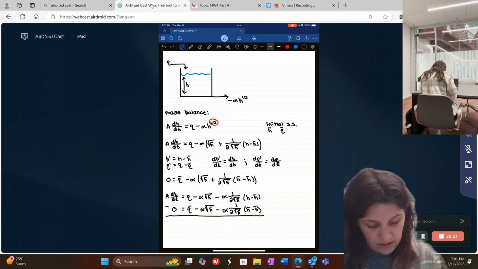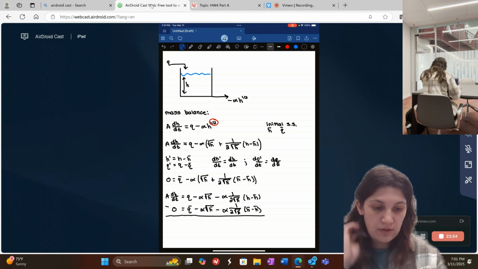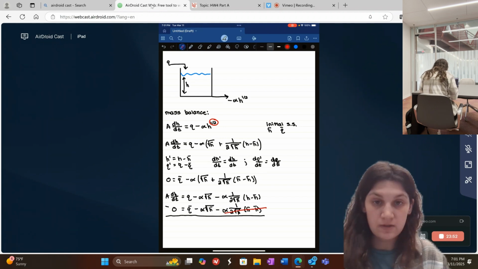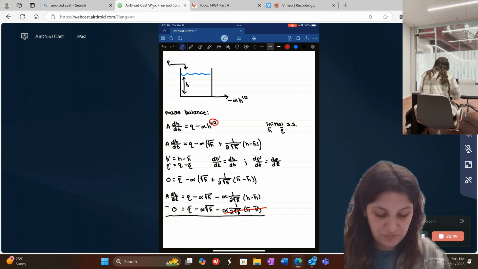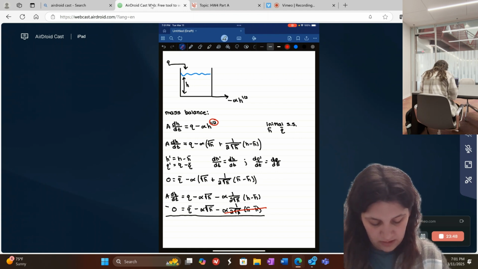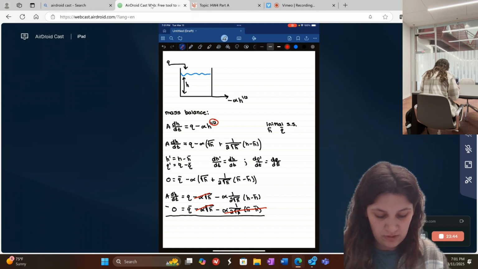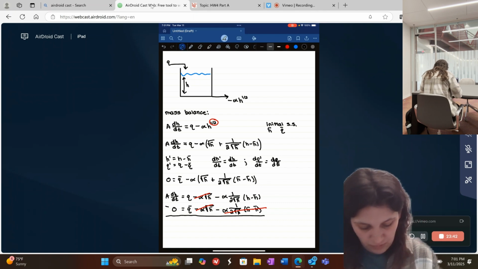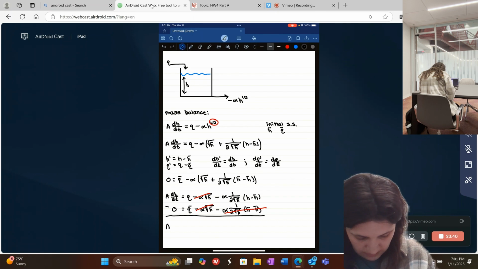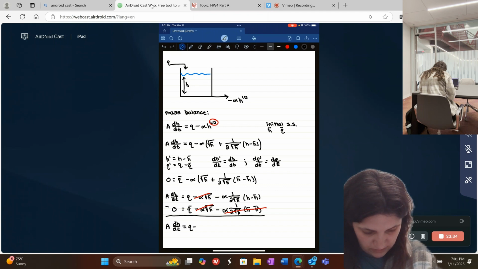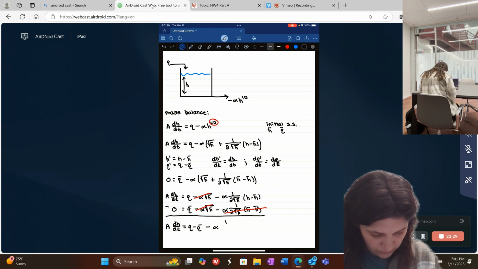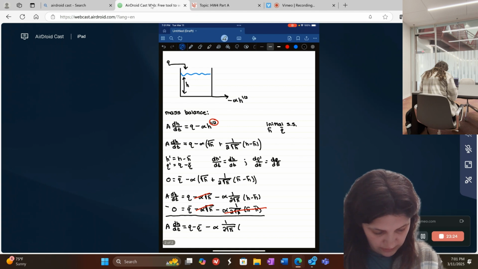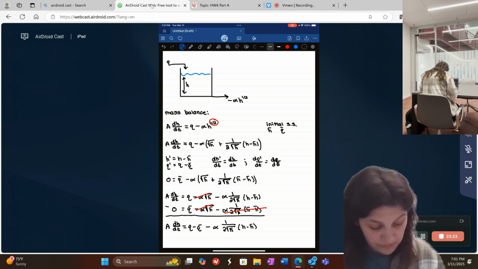Now we can just start canceling some terms. So first of all, this here is just going to be 0 since h bar minus h bar is 0. These terms are the same, so we can get rid of those. And what we end up with is A dh/dt equal to q minus q bar minus alpha times 1 over 2 square root of h bar times h minus h bar.